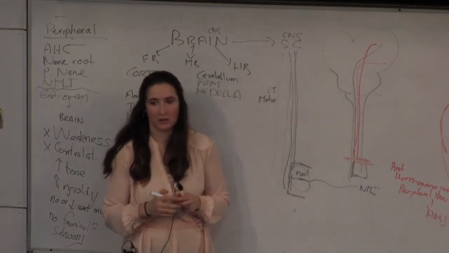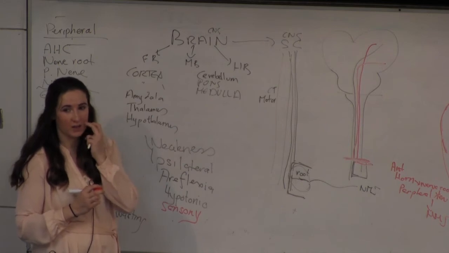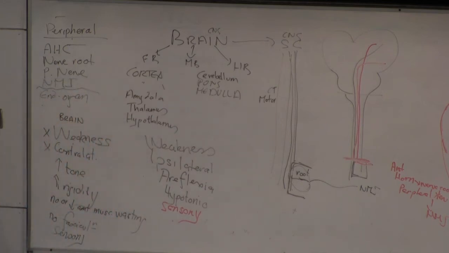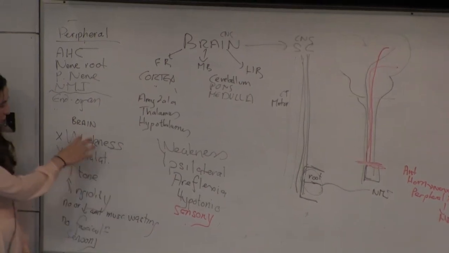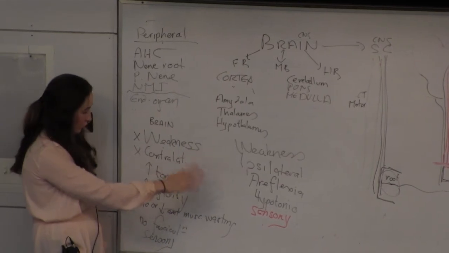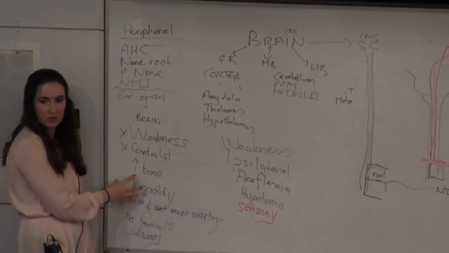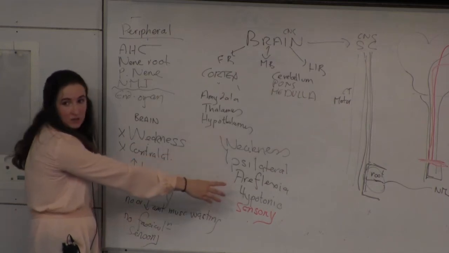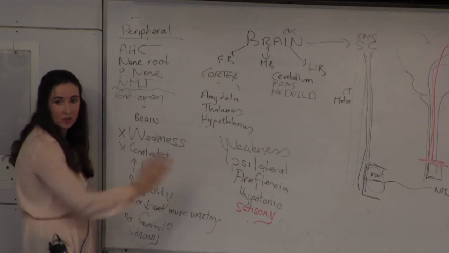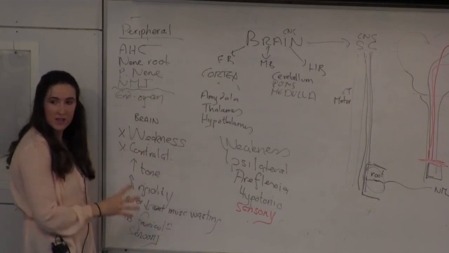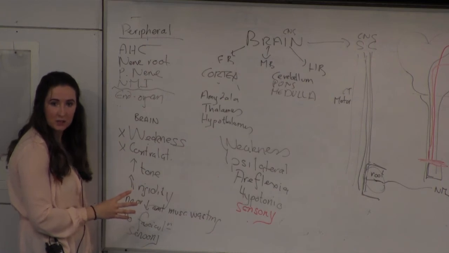Yeah? Some of you look very, very concerned. Are you happy about how the weakness is contralateral here, weakness ipsilateral there? You're okay with me on that? Understand that tone and rigidity will be up in this one because there's no modulation of your reflex arc. Tone and rigidity will be down on this because the reflex arc no longer exists. So it's the sensory problem that's getting you. Is that it?